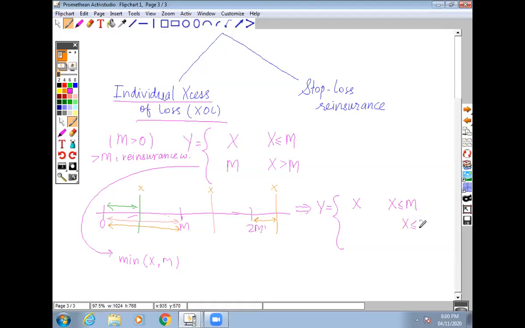X lies between M and 2M. Exactly. And what should be here? Greater than 2M. Exactly. And what should my values be here? Between M and 2M, it will be M, right? Yep, that is exactly correct.